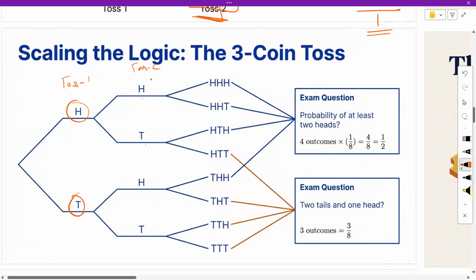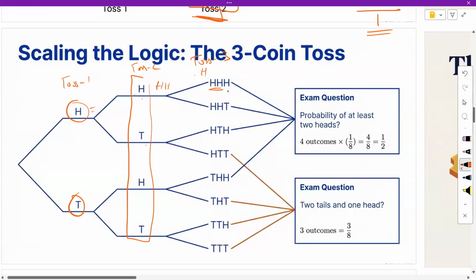So there are four possible outcomes. And toss three, what are the outcomes? In the first, preceding HH, head. Now the chance of getting head.